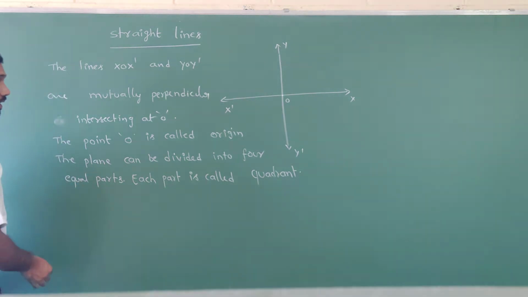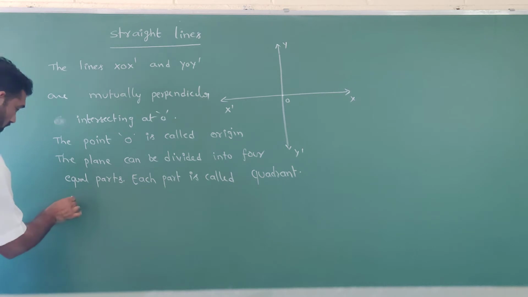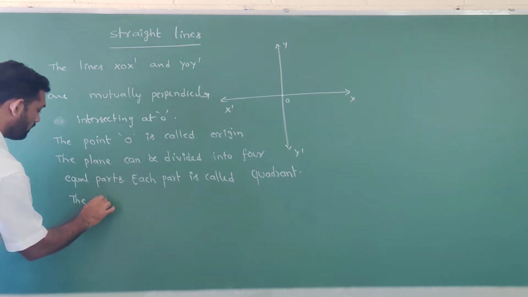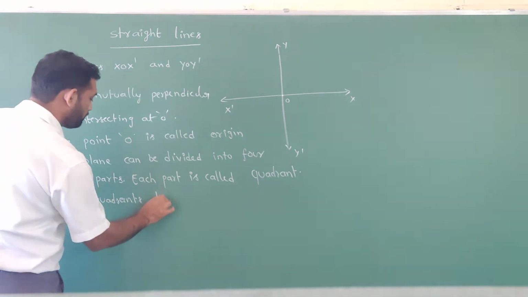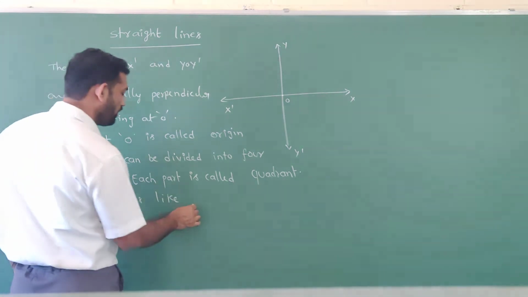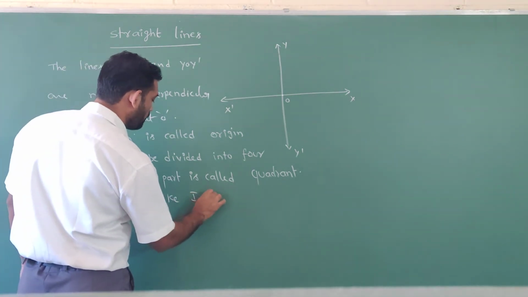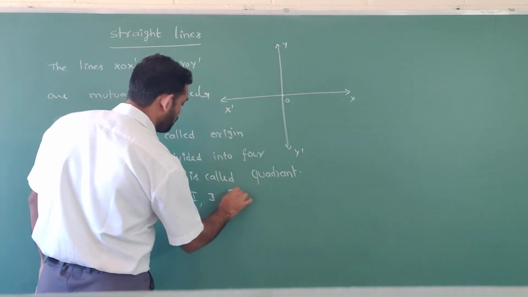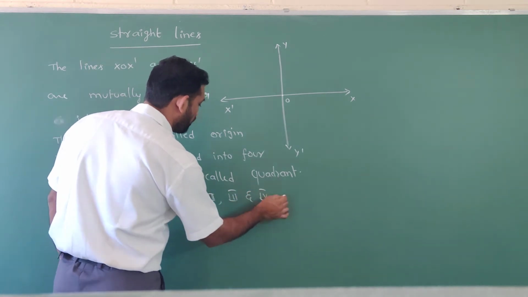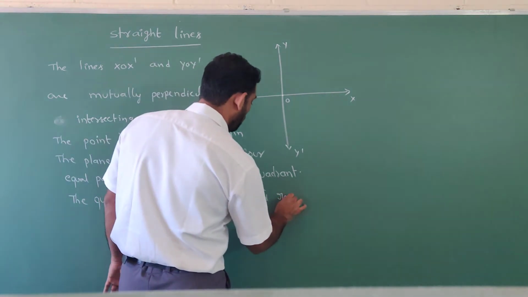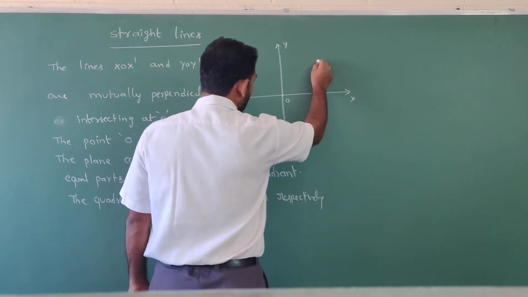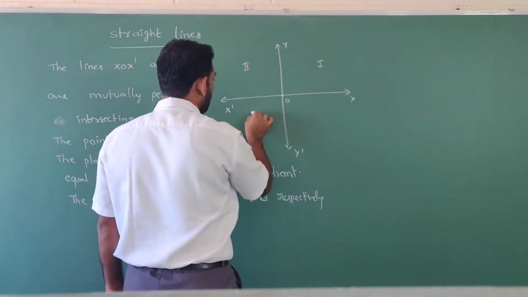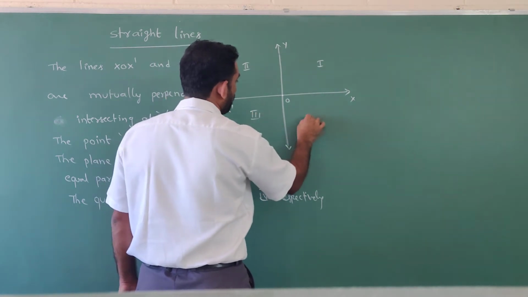So the quadrants are 1, 2, 3 and 4 respectively: first one, second one, third one and fourth.